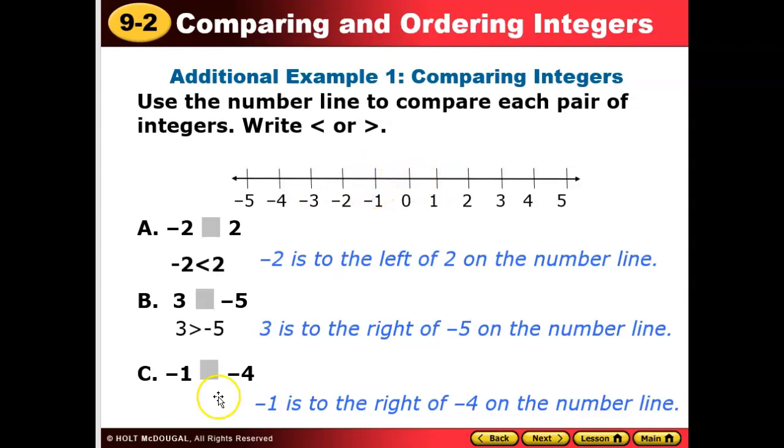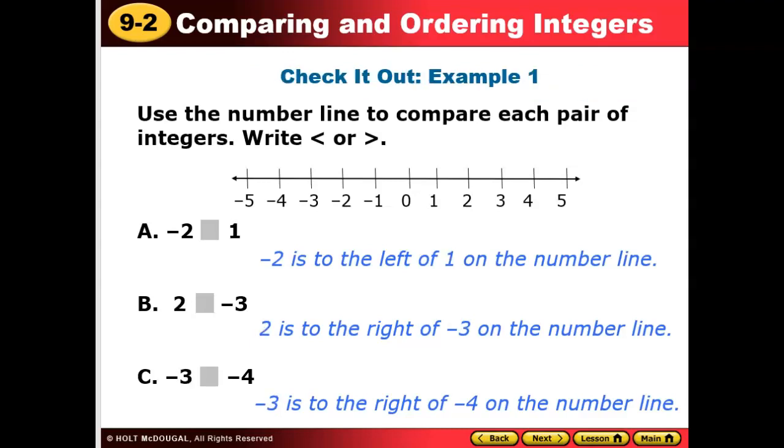So -1 is greater than -4. I can't seem to make the greater sign, but -1 is greater than -4. So remember, if it is to the right on the number line, it will be greater than the number that is to the left.